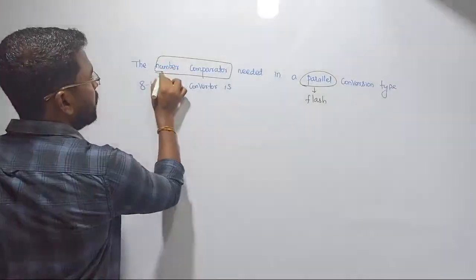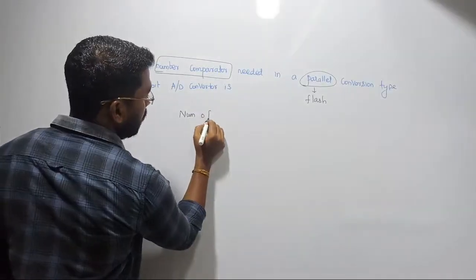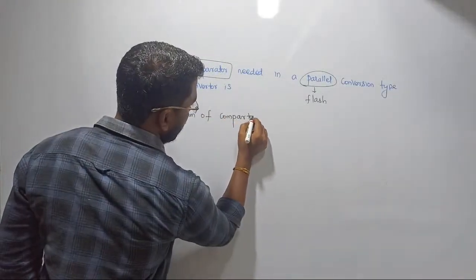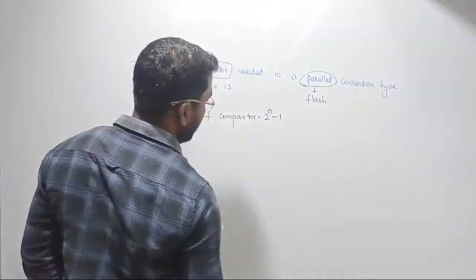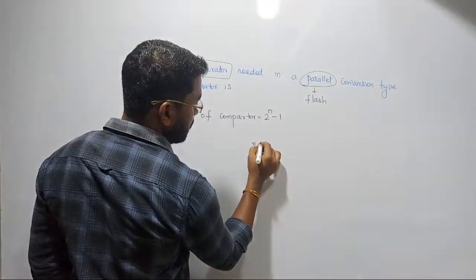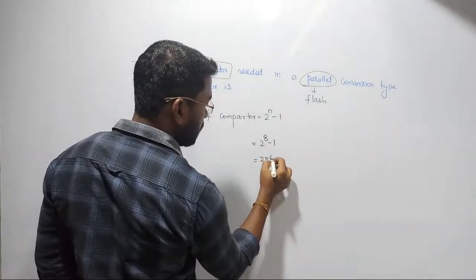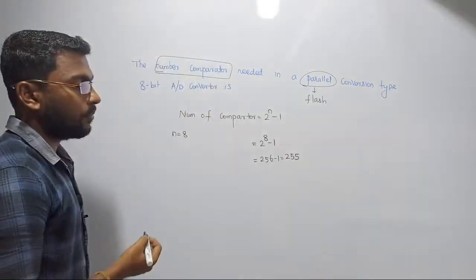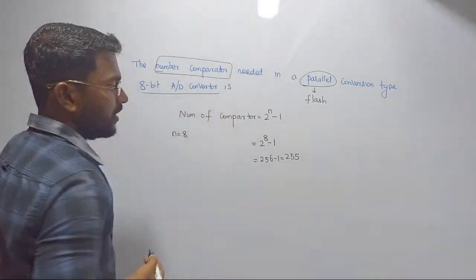The general formula is 2 power n minus 1, where in our case n is clearly defined as 8, so the answer is 2 power 8 minus 1, which is 256 minus 1, that is 255. So the total number of comparators required to design the 8-bit analog to digital converter is 255.